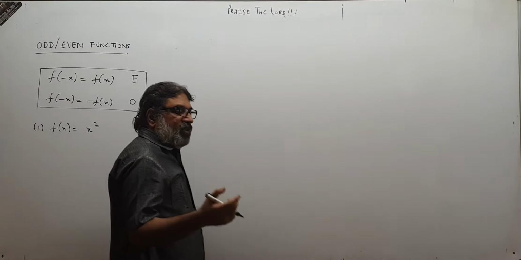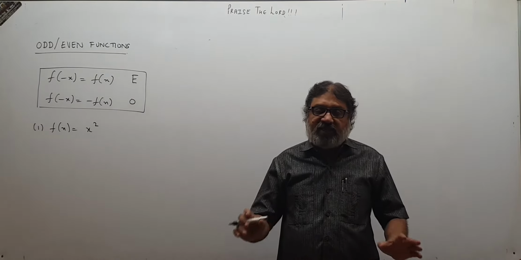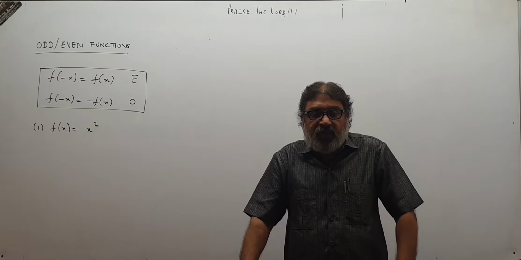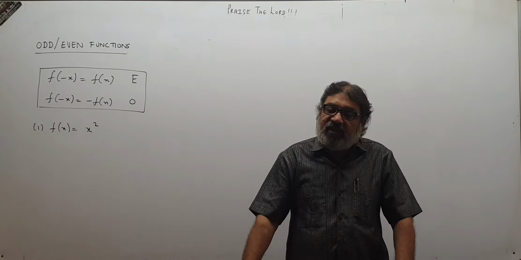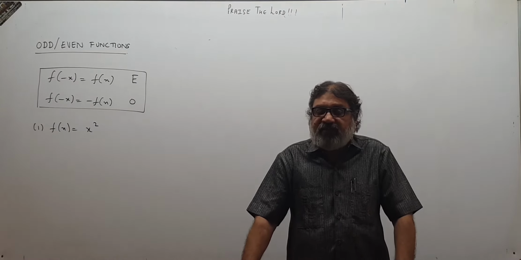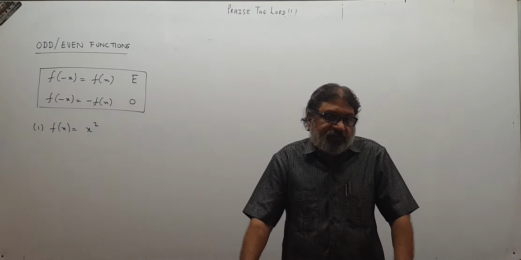So whenever you want to check whether a function is even or odd, find out f(-x) and check whether it is f(x) or -f(x). If it is f(x), then it is an even function. If it is -f(x), it is an odd function. And if it is neither, then it is neither even nor odd.